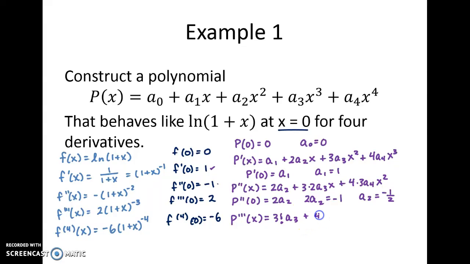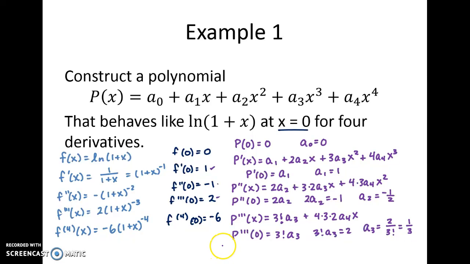And then we have 4 times 3 times 2 a sub 4 times x, which means that the third derivative at 0 is just going to be 3 factorial times a sub 3. So that's going to equal 2. So that means that a sub 3 is going to be 2 divided by 3 factorial, or 1/3.